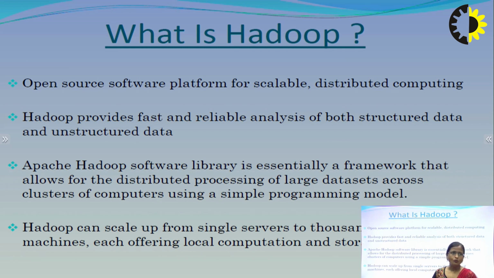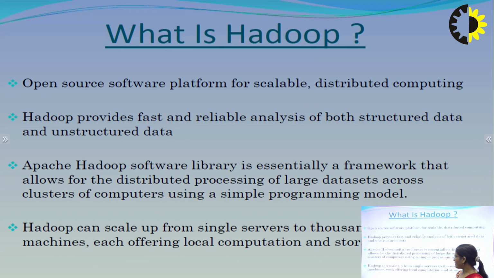Second, Hadoop provides fast and reliable analysis of both structured and unstructured data. That means it can easily handle different types of data that may come into existence, or you say in big data, a variety of data can come, so it can be handled easily by Hadoop.